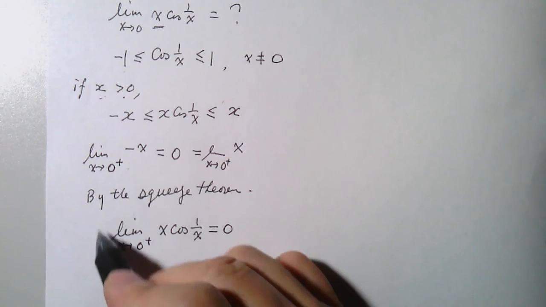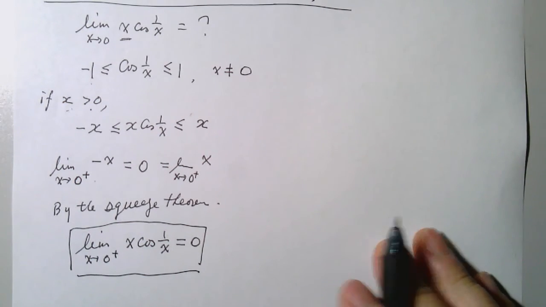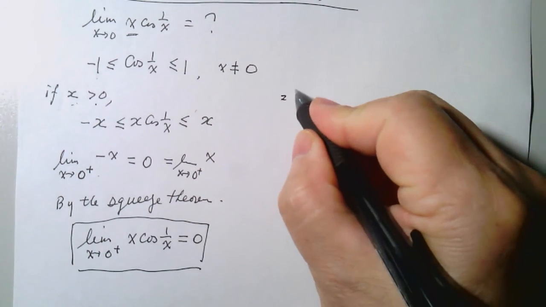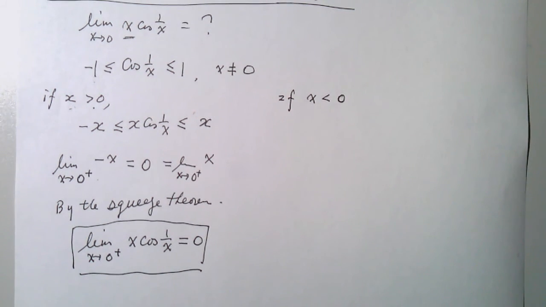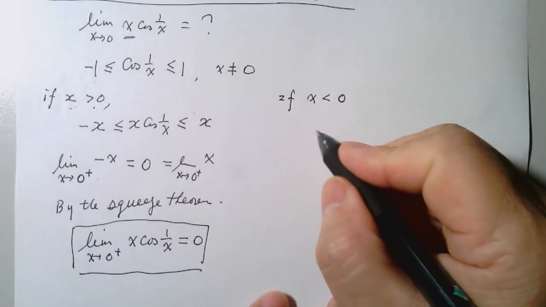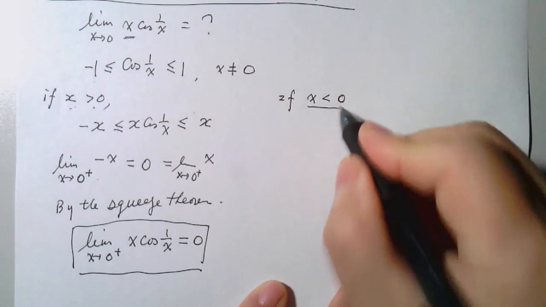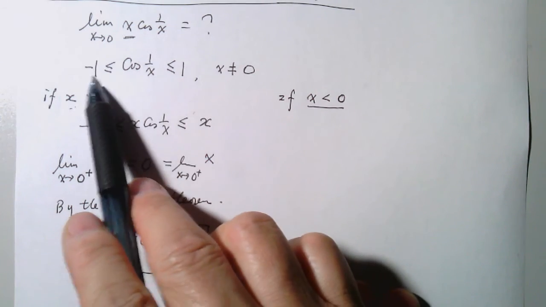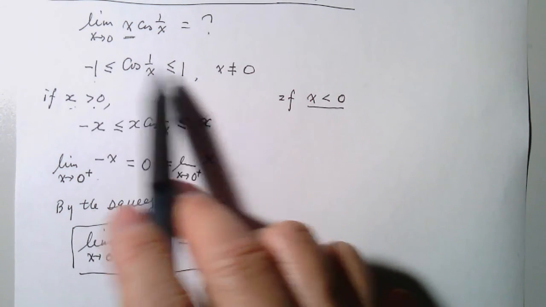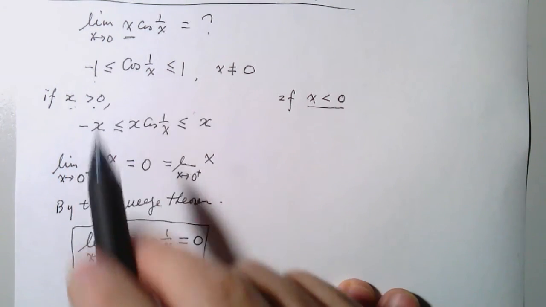Okay, so here we got this. But how about if x is less than 0? If x is less than 0, because you multiply a negative number to all of this inequality, you have to change the direction of the inequality immediately.